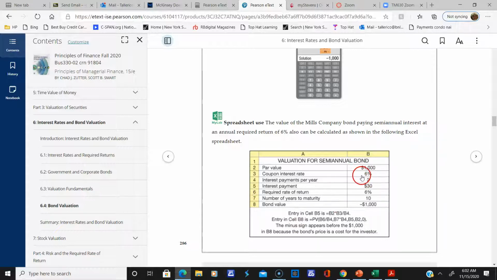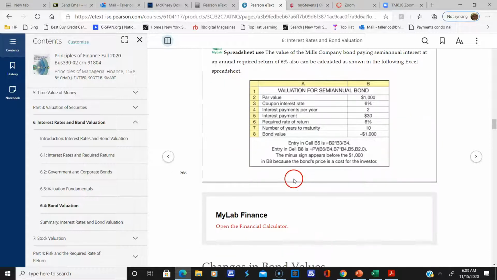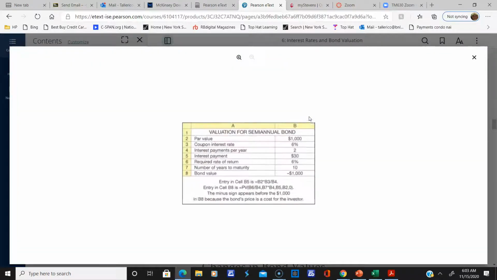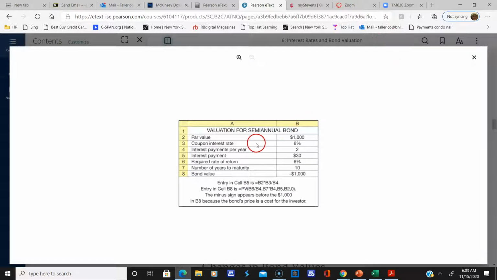So here's the interest payment. And here is the required return and the number of years to maturity. And here is the bond value. So anyway, here's the equation.